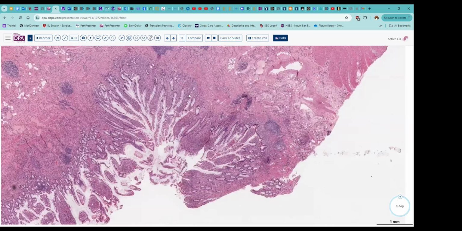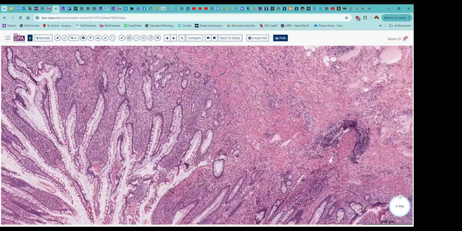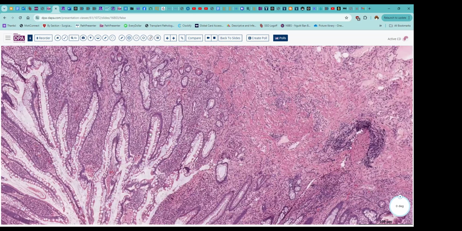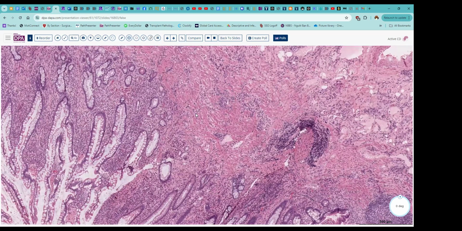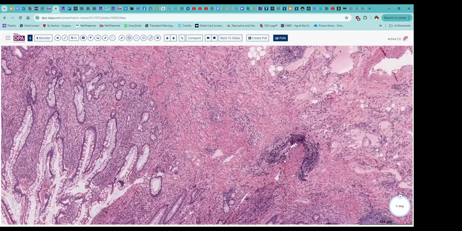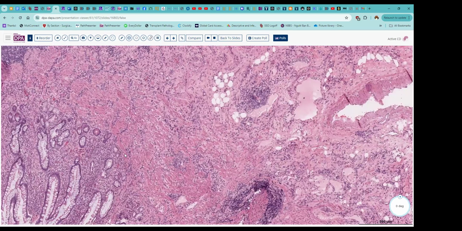As we look at these glands, there is a little bit of sort of hyperplasia. There is some architectural alteration here. And note again, the muscularis mucosa is getting stretched and pulled and becoming a little bit hyperplastic, hypertrophic.